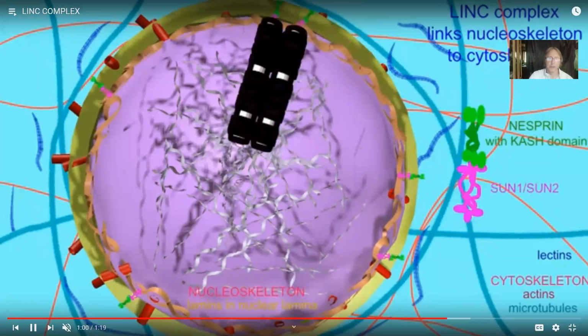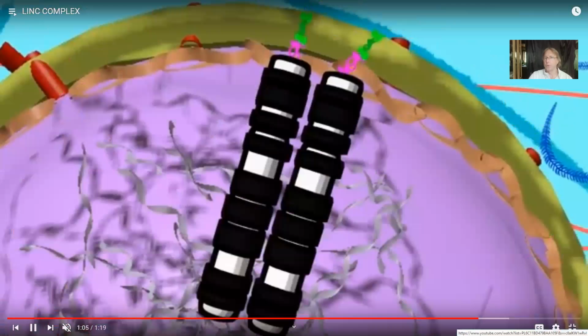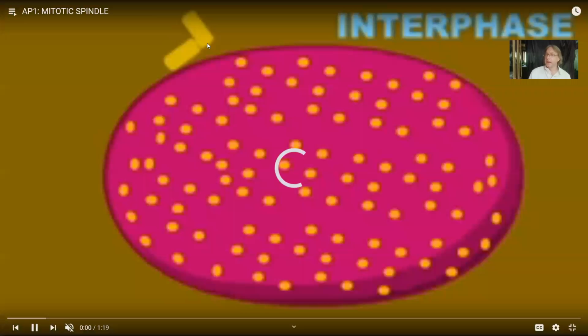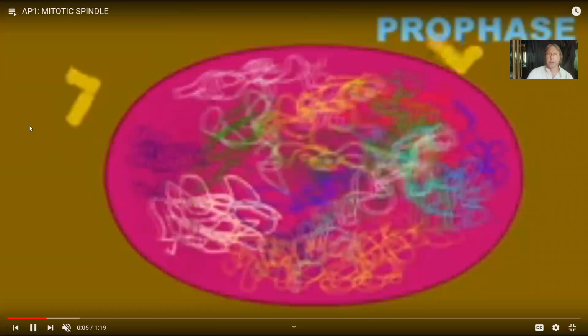And this is what's known as a link complex. So there's proteins both on the inside of the nucleus and the outside, which can connect.